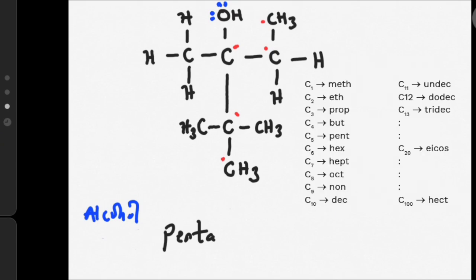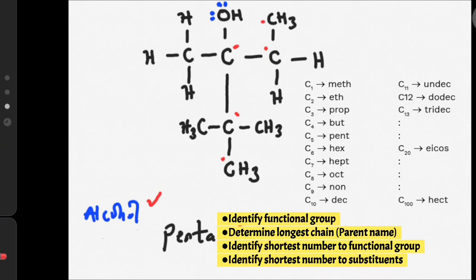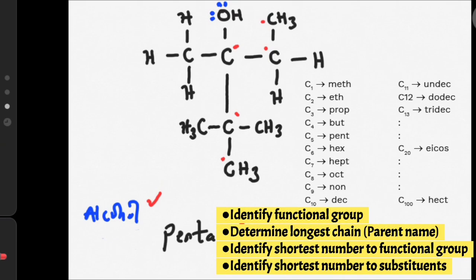The next thing we are going to do, remember the first thing we did was to identify the functional group. Then you have to count the longest chain possible. Next, you have to look at the shortest carbon counting to the functional group, which is this.